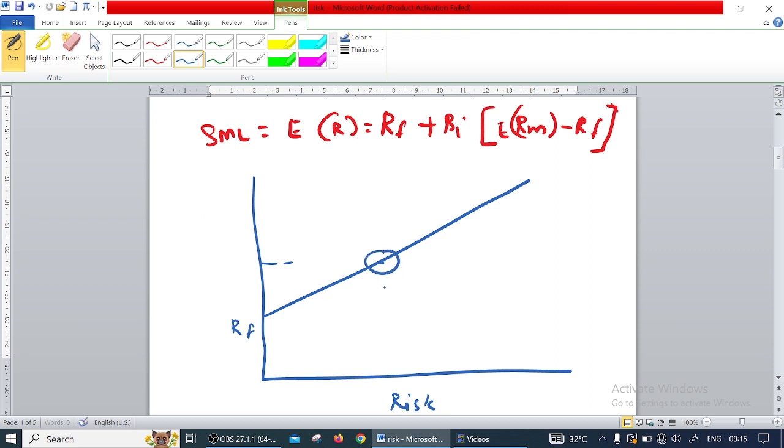Assume this point, 1, is the systematic risk, and expected RM is the market return. And this is ER, the expected return.